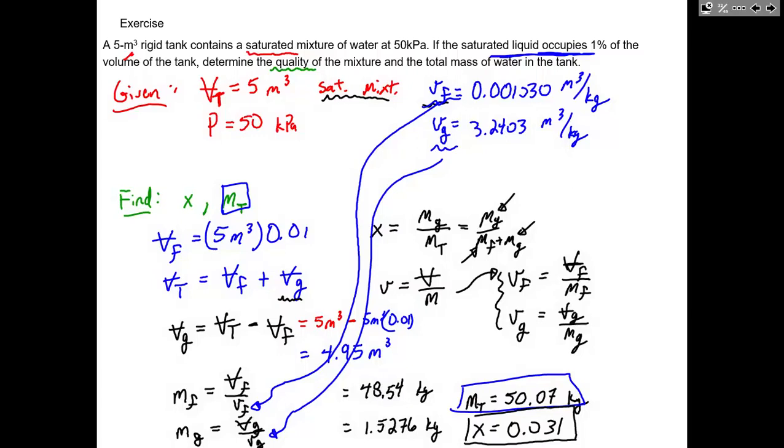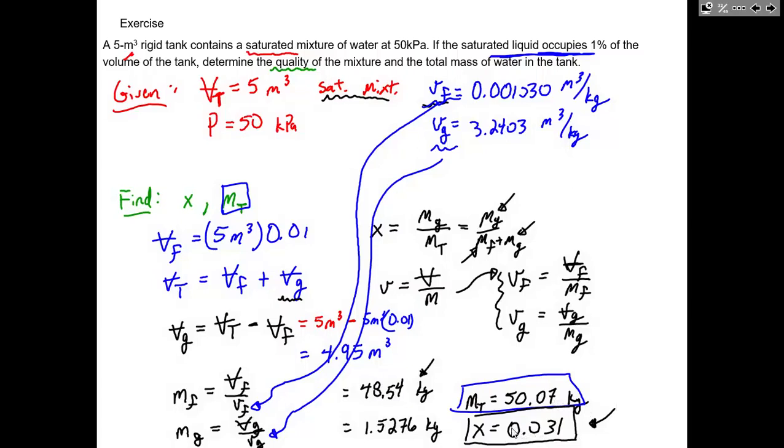Okay, so just looking at this, we see that fluid is a heavy contributor to the mass, right? So we're pretty hefty mass-wise of the fluid versus mass of our vapor. And if we're looking at the quality there of the mixture, we're still a long ways off from being completely to the other side of that dome, right?